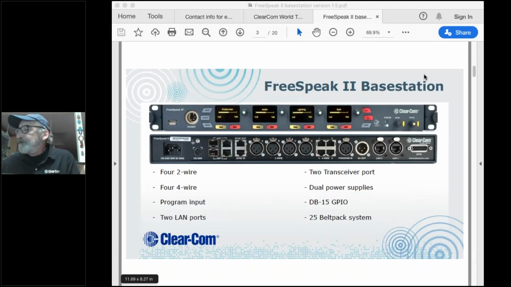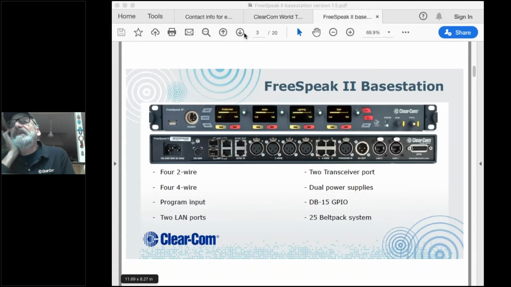One other thing about the program and the SA inputs, if you take both of those and assign them to a party line in assignments, they automatically become a 5th 4-wire input to the panel. Very good point. Yeah. Also, what some people do sometimes is they'll take the stage announce out, program in, and use those on the far right.